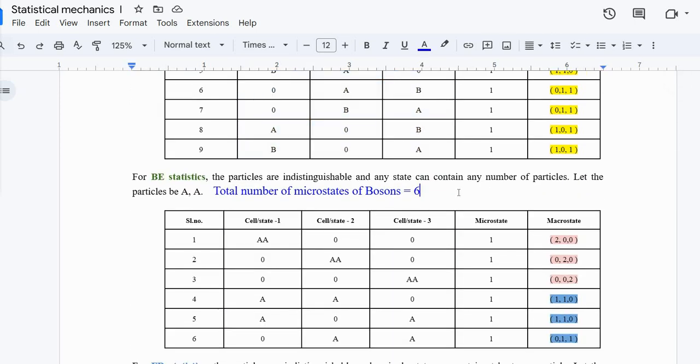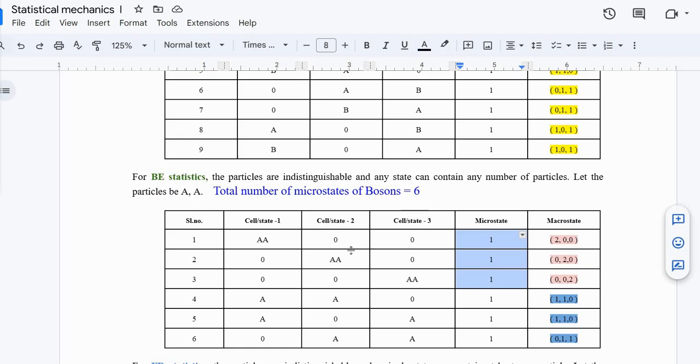Now coming to the case of bosons. Again, we are following the Bose-Einstein statistics. You have 2 boson particles, and we're going to arrange them in 3 different states. So how can we arrange? We can put 2 particles in one cell, AA, and the others may be 0. How many possibilities are there? Obviously, there will be 3 possibilities, 2, 0, 0.